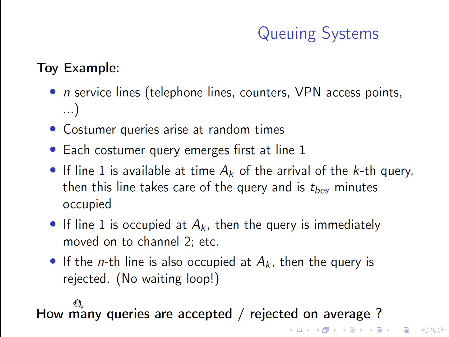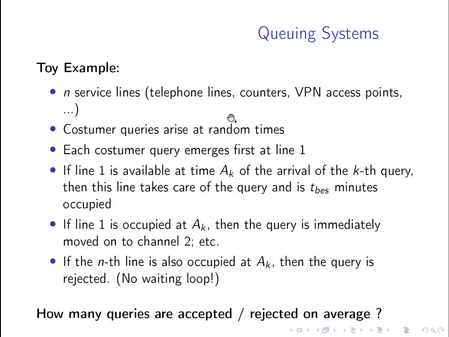And the question is now how many queries are accepted, rejected on average. And that's important for the company which has this queuing system. You don't want to deal with all of them immediately, because that would be too expensive, but you cannot reject too many. Okay, and how do we model this?